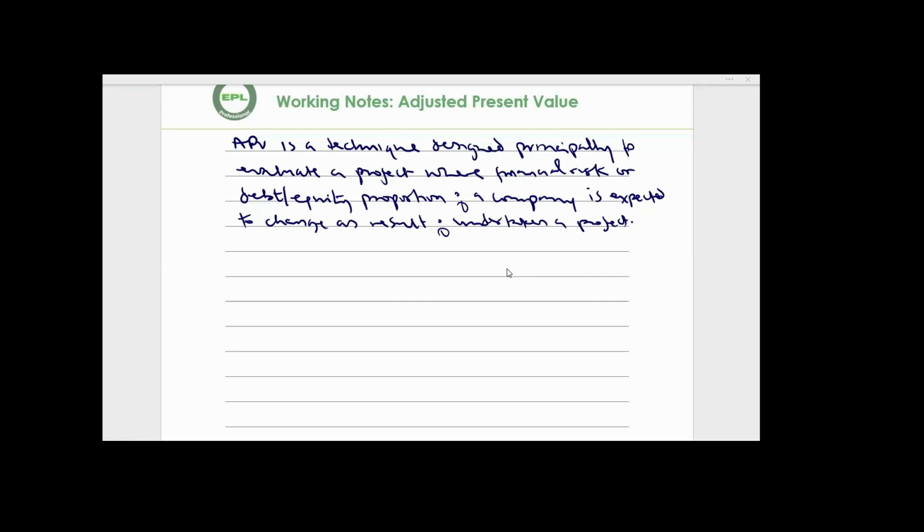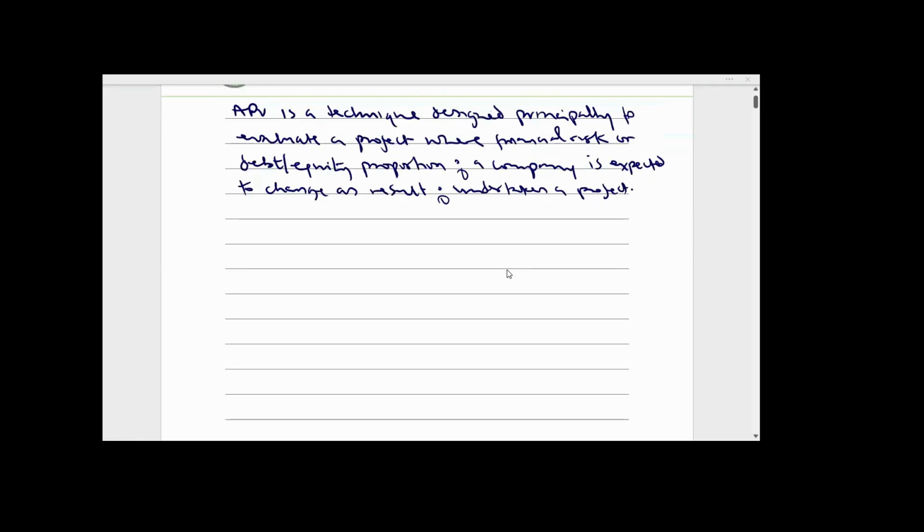Now, I said that APV is a technique designed principally to evaluate a project where financial risk or debt equity ratio of a company is expected to change as a result of undertaking a project. Now, the APV and the NPV are similar. Okay, let me put it down for you.